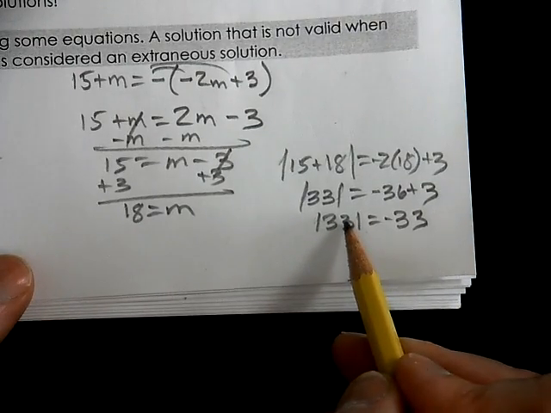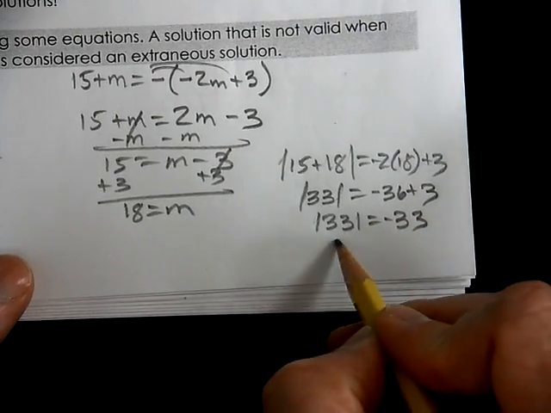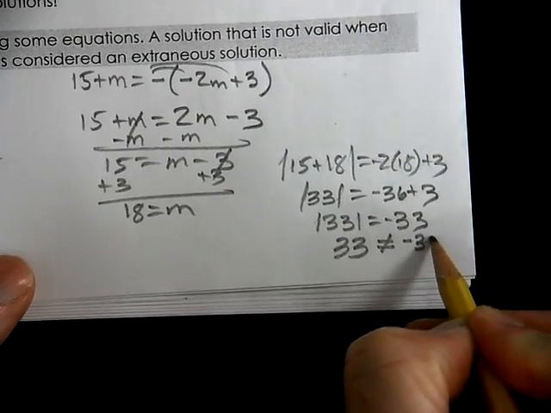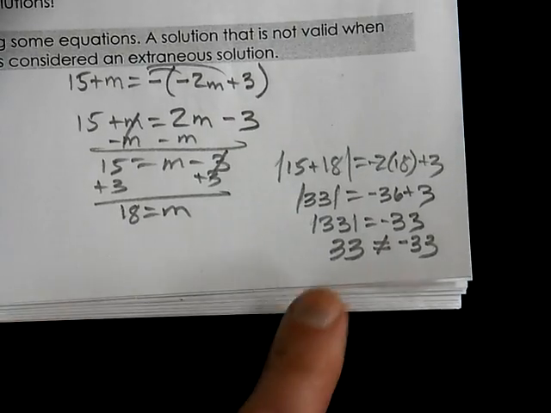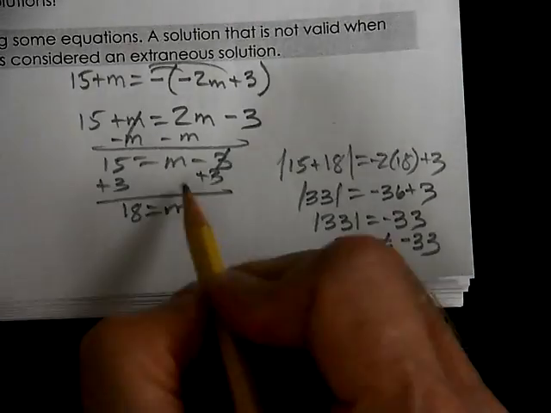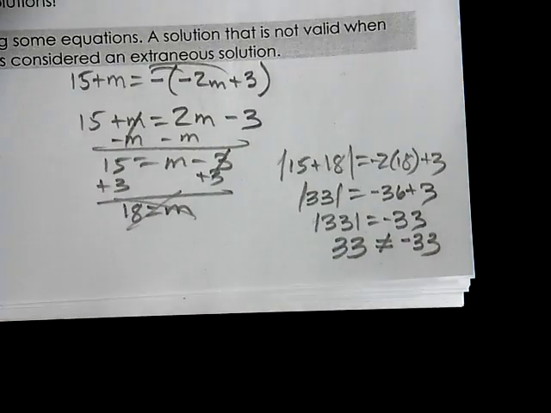And when you take the absolute value of a positive 33, you get a positive 33. So, of course, 33 does not equal negative 33. That did not work. So, extraneous solution.